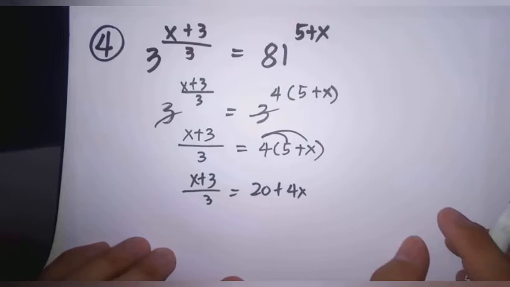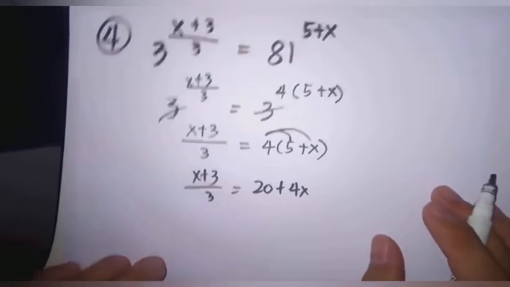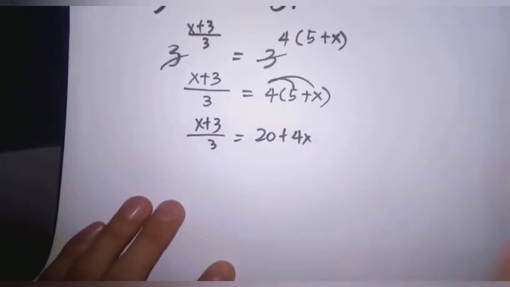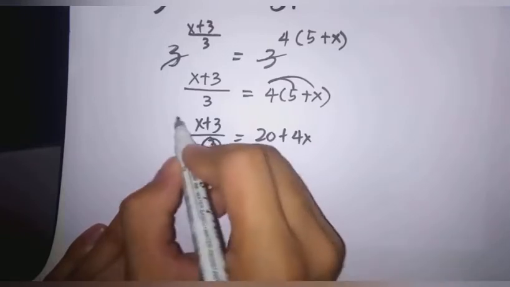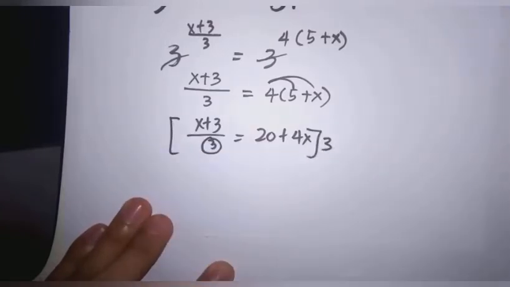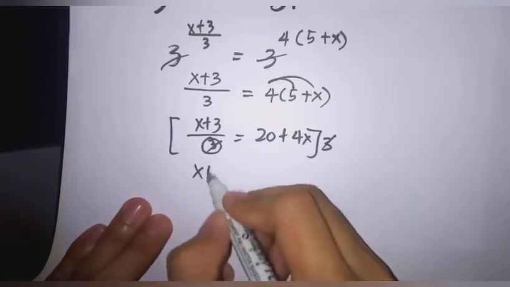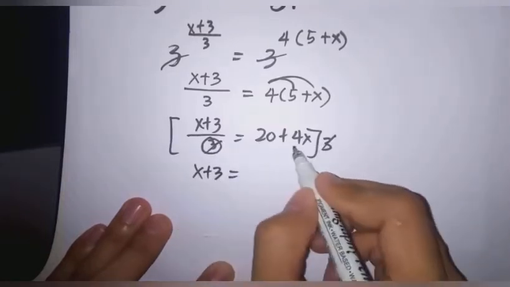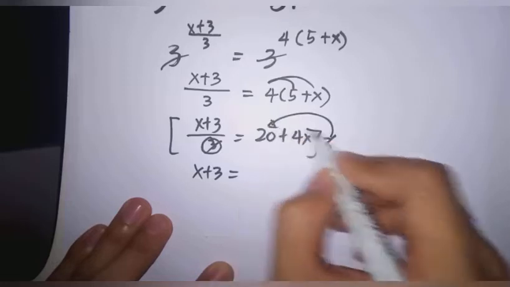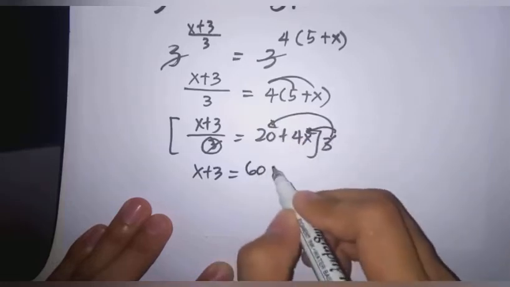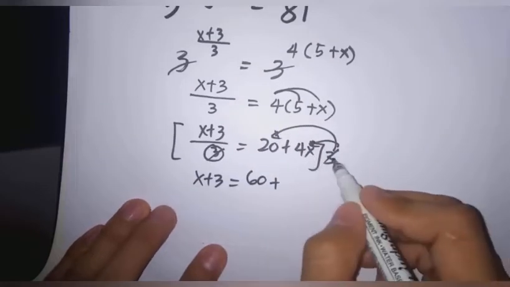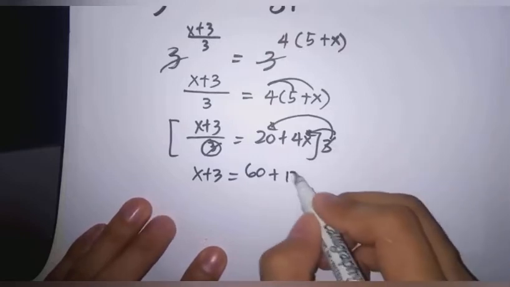Ang susunod na gagawin natin dito is tatanggalin na natin yung fraction dito sa baba. Ika-cancel natin siya, iaano natin siya sa 3. Cancel ang 3, so x plus 3. Hindi mo naman pwedeng kokopyahin ito, i-multiply mo to. So, 60 plus 4x times 3, that is 12x.